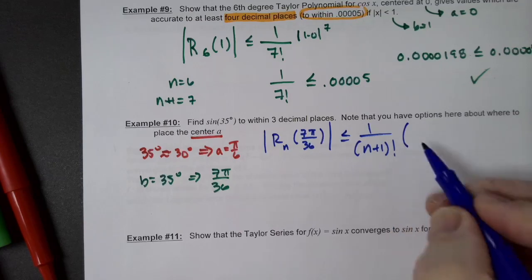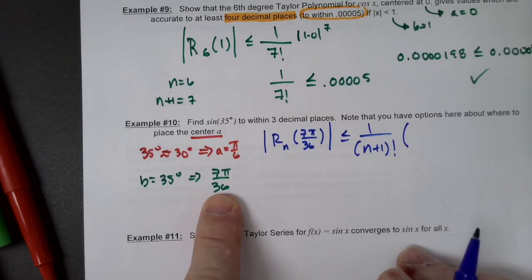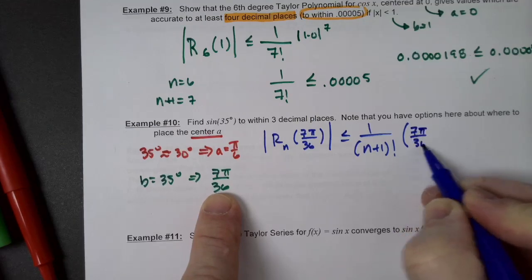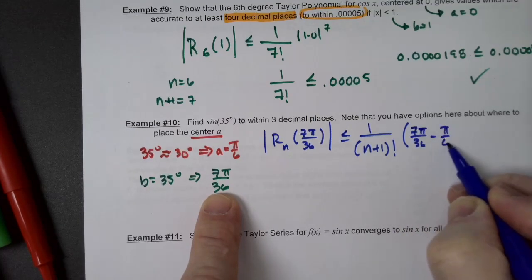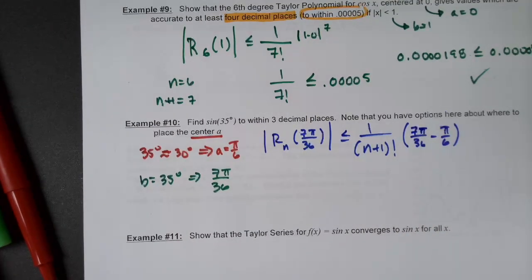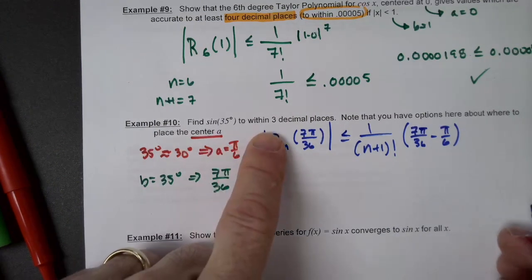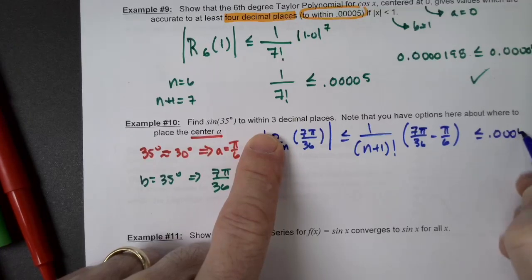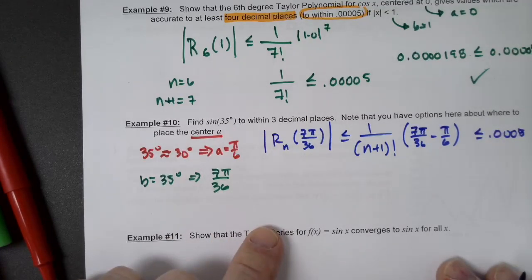And then this difference between these two. The 7 pi over 36 is our b value. Our a value is pi over 6. And we're saying we want this within 3 decimals, 0.0005.